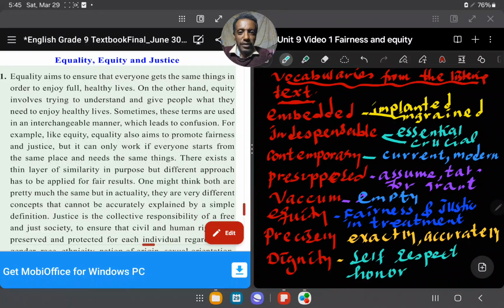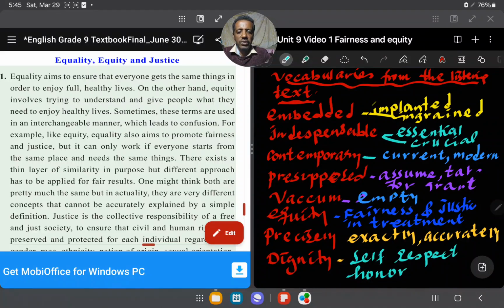Here are the list of the words from the listening text, students. You listened. Embedded means implanted or ingrained. Embedded, not vacuum. የሚል ሰምታችኋል ከምንባቡ። Indispensable means essential. Human rights አጠቃላይ እነዚህ ሰብአዊ መብት ጋር ተያዙ they are indispensable ይላቸዋል መጽሐፋችሁ ላይ። essential or crucial በጣም ወሳኝ ናቸው። Contemporary means current or modern. A vacuum, that is empty.